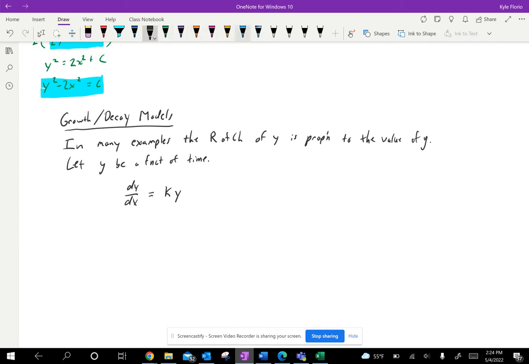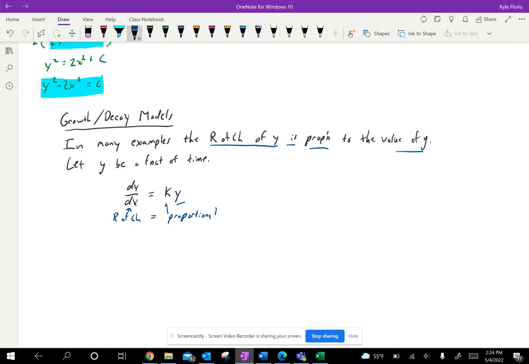So this is me saying the rate of change of y is proportional to the value of y.